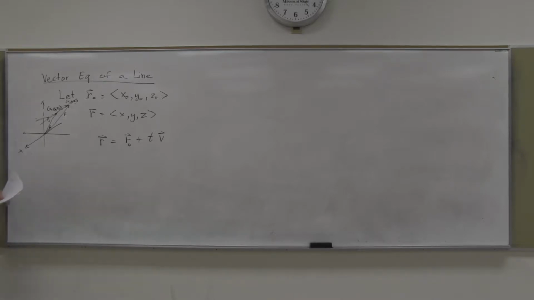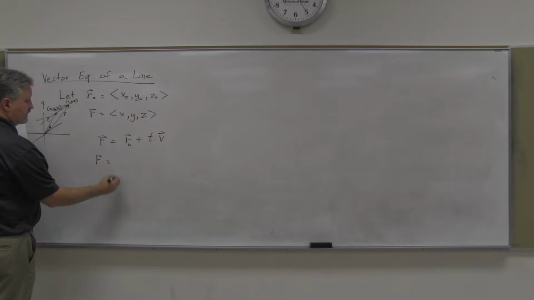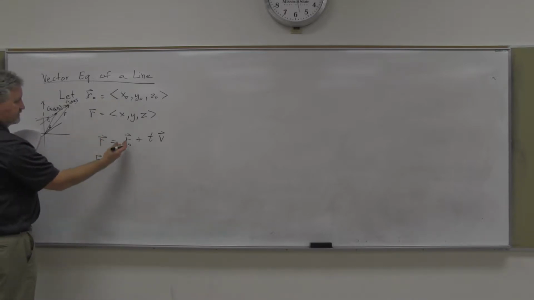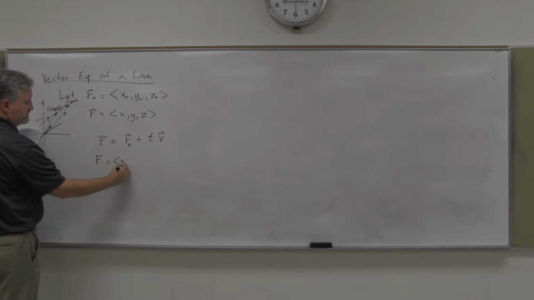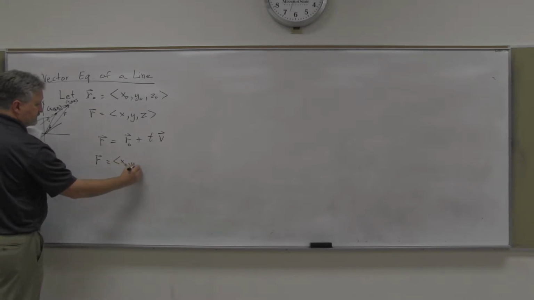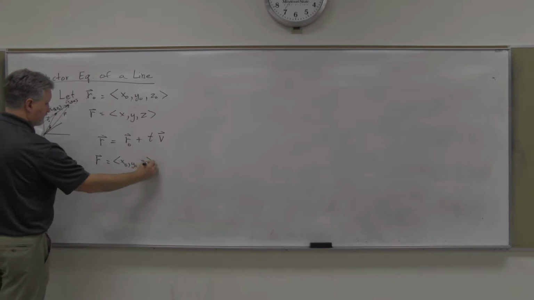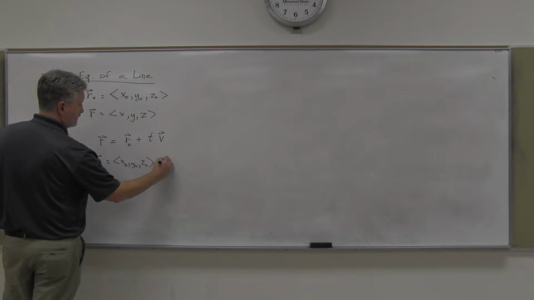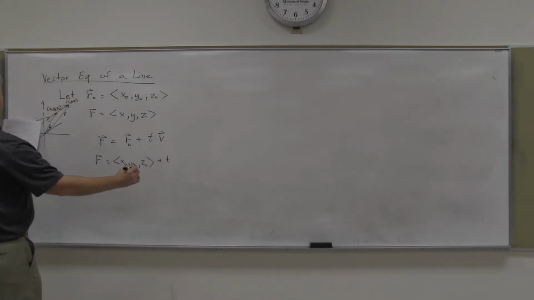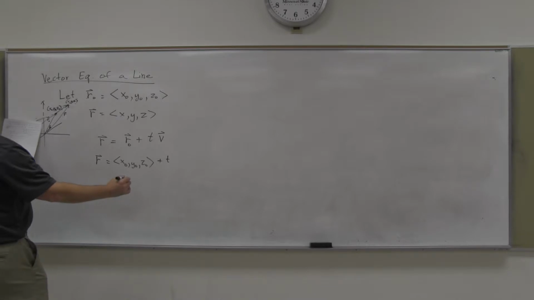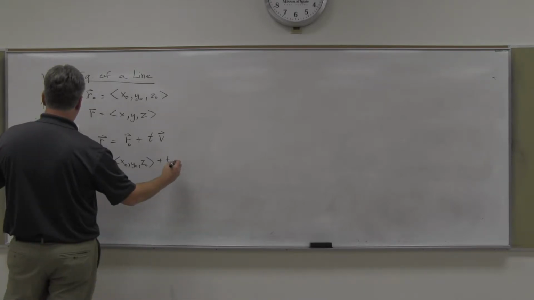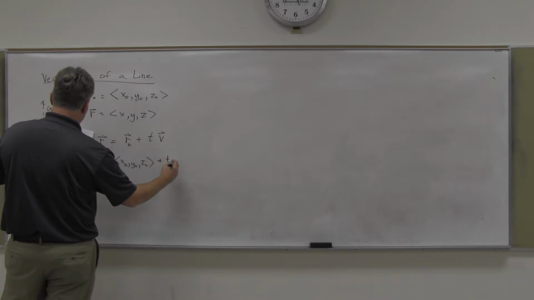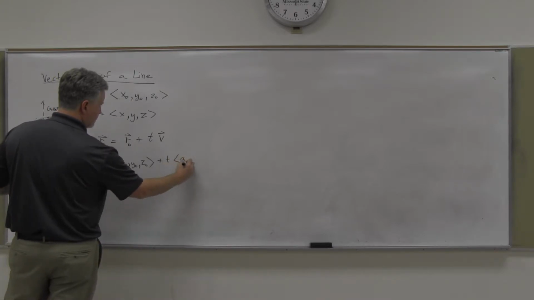Well, plugging in those components, if you will. R0 is just the x0, y0, z0 vector. And then V is just the given vector, ABC.